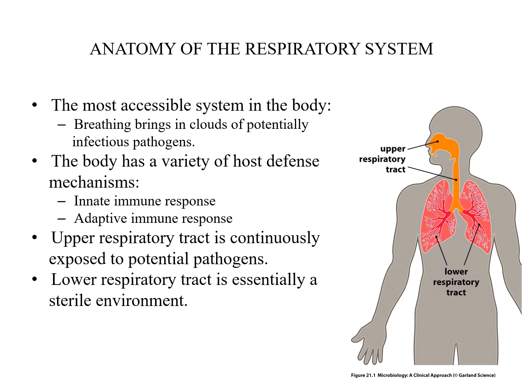Also, we have the humoral part of the immune system, which is the IgA antibodies present in the secretions or in the mucus within the upper respiratory tract, which can defend the respiratory tract against invading pathogens. The lower respiratory tract is essentially a sterile environment.